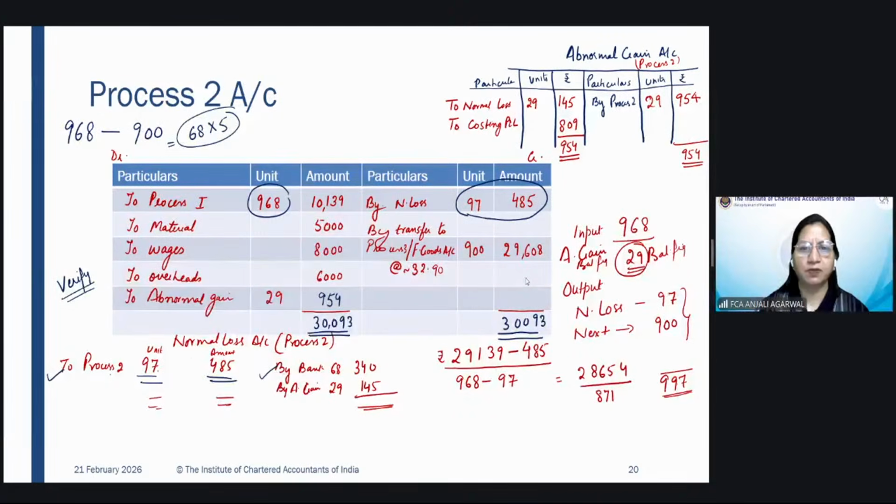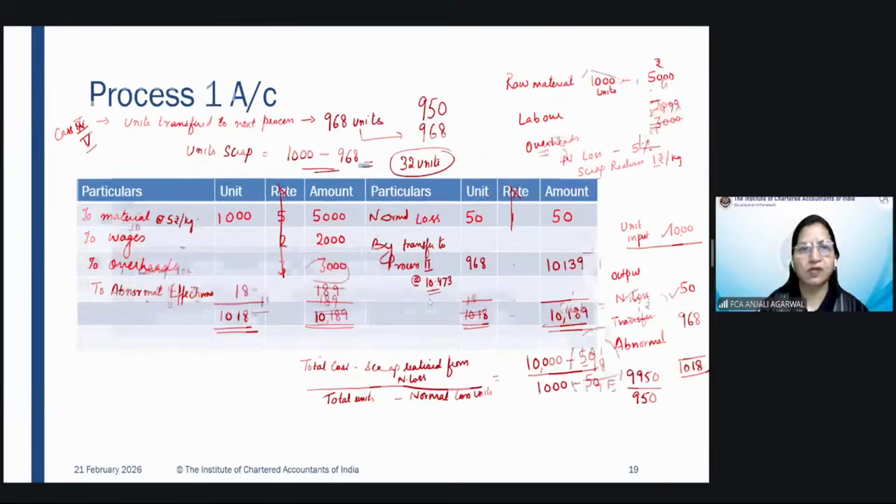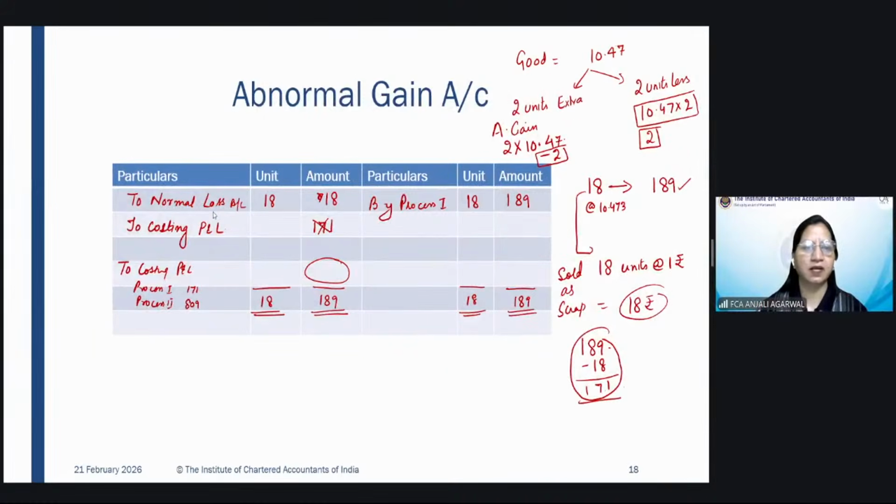Can we prepare the abnormal gain and loss account together? Yes, you can do it in a consolidated manner. So I have prepared the abnormal gain account for process 2 separately, but I could have consolidated it in the abnormal gain account only. So to normal loss account from process 1 separately, and by process 2, I would have written 29 units and 145.